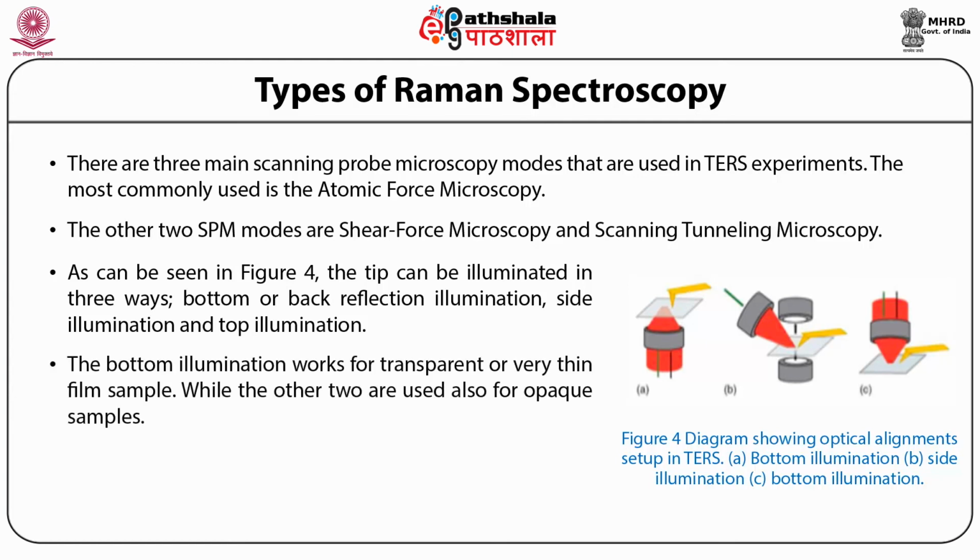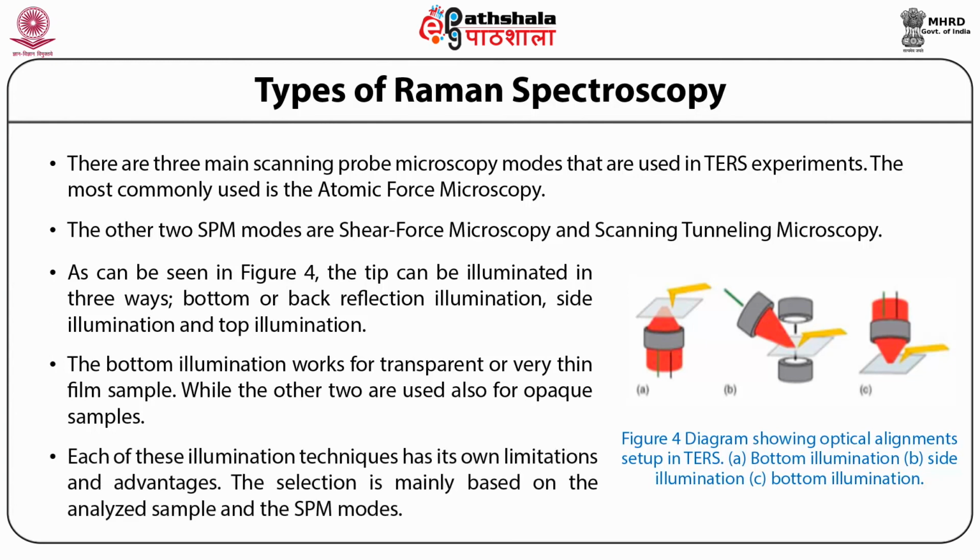The bottom illumination works for transparent or very thin film samples, while the other two are used also for opaque samples. Each of these illumination techniques has its own limitations and advantages.